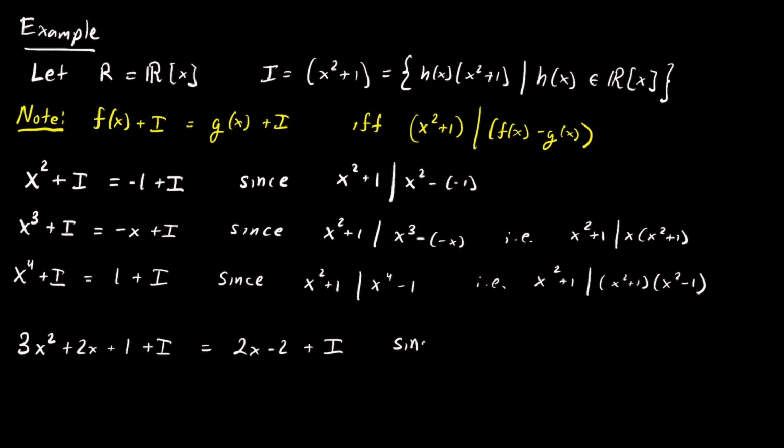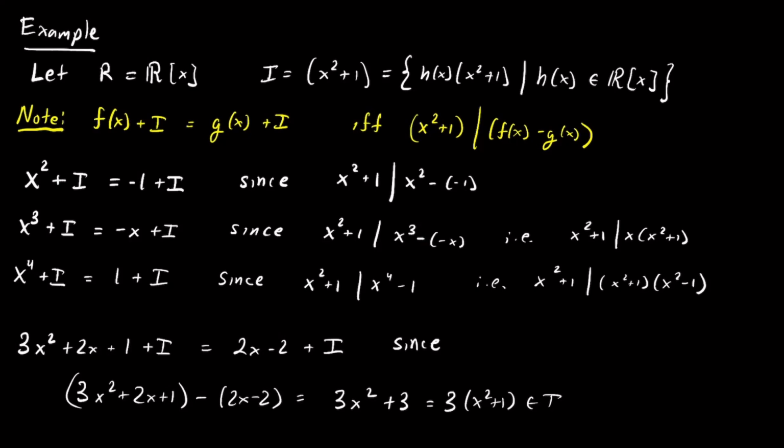Why is this true? Well, I know that if I look at 3x squared plus 2x plus 1 minus 2x minus 2, what does that equal? Well, if I take this difference, I'm going to get 3x squared plus 2x minus 2x is 0, and then plus 1 plus 2 is 3. So this is going to be 3 times x squared plus 1.